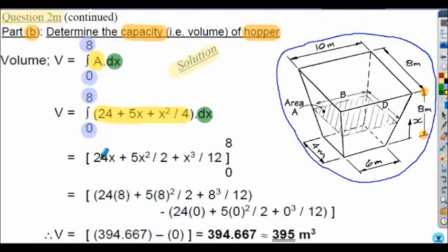So 24 integrated with respect to x is 24x, 5x integrated with respect to x is 5x squared upon 2, and x squared upon 4 integrated with respect to x becomes x cubed upon 12. So our limits go back of the bracket here. Inserting the limits into the integral and evaluating, the volume is approximately 395 meters cubed. So that's the solution to question 2m.